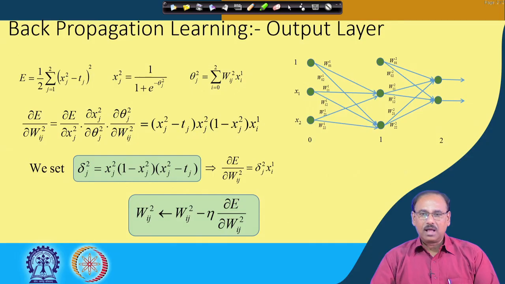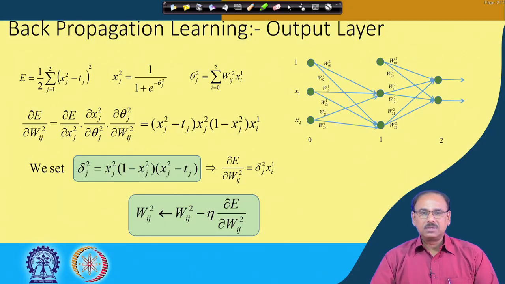But given the class belongingness of the training vector, I know what my target output should be. Any deviation of the output that you get from the network from the target output is my error. The backpropagation learning algorithm tries to adjust the weight vectors so that the error is minimized, and for that you start from the output layer node.